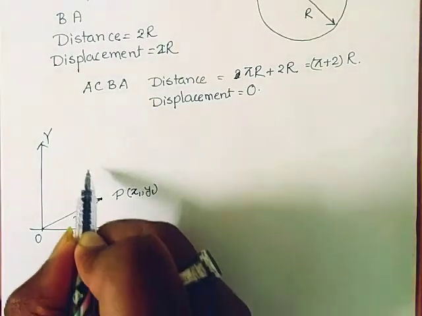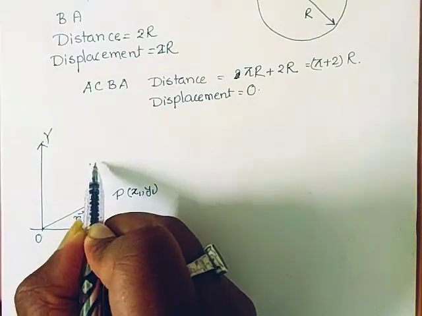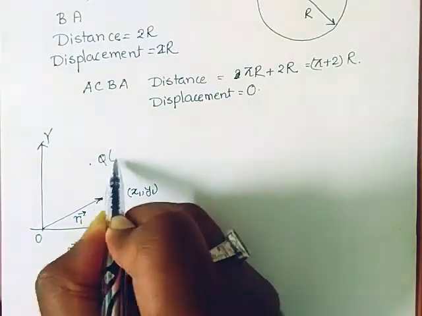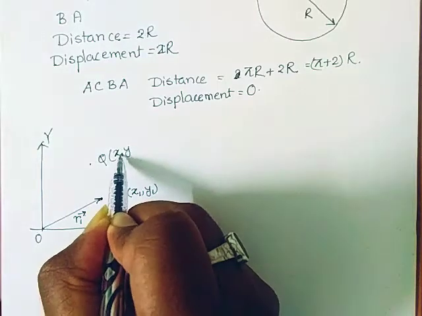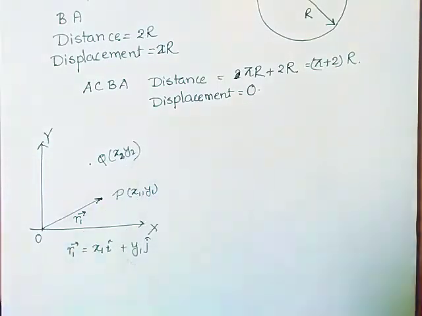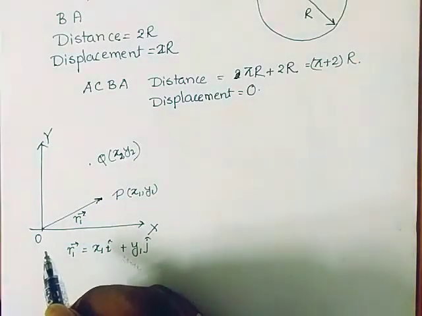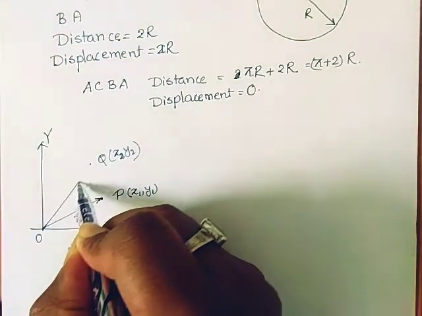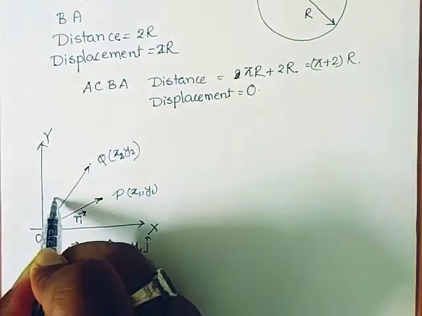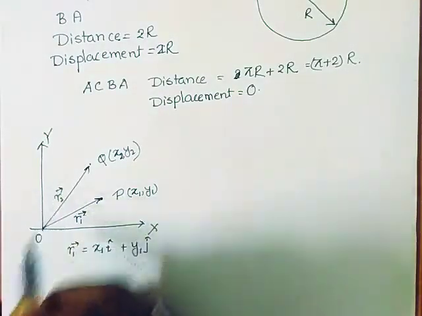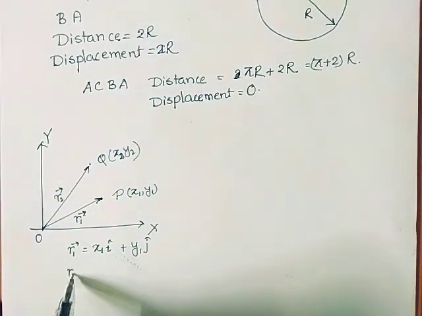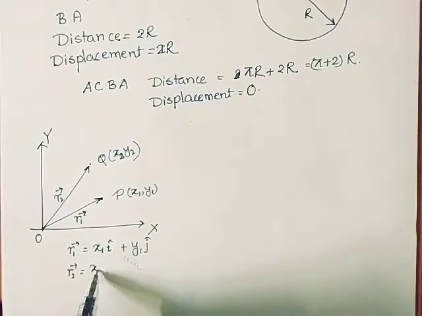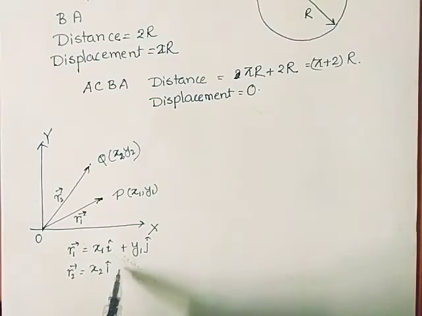Now if the particle translates to the point Q, then the position vector of the point Q is this r2 vector, equal to x2 i cap plus y2 j cap.